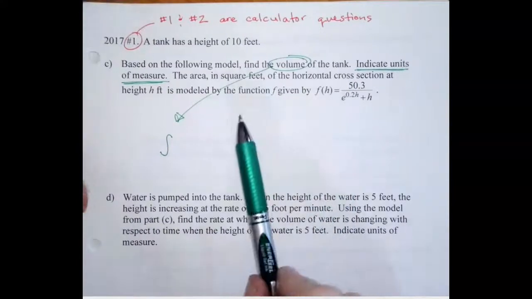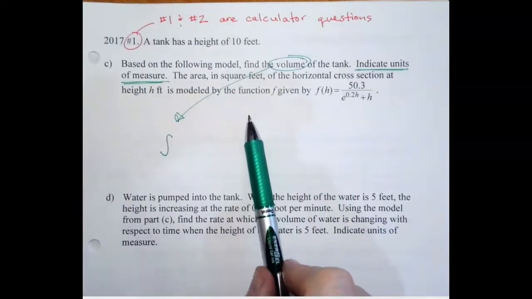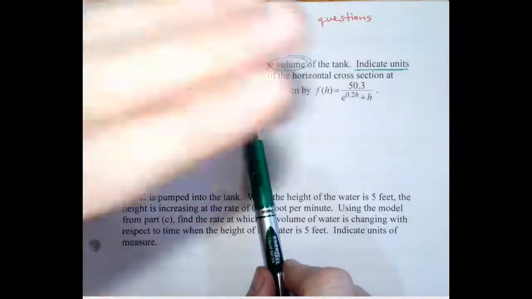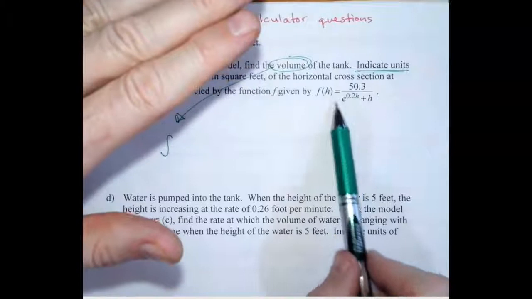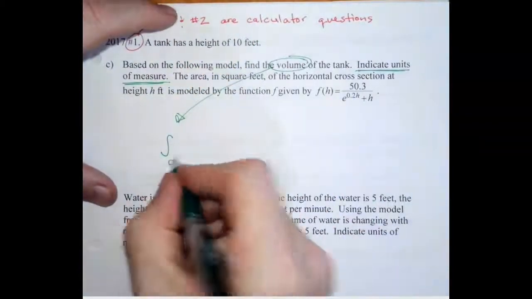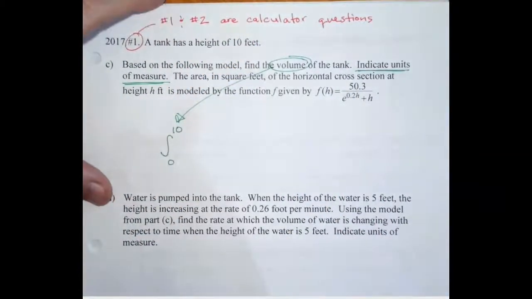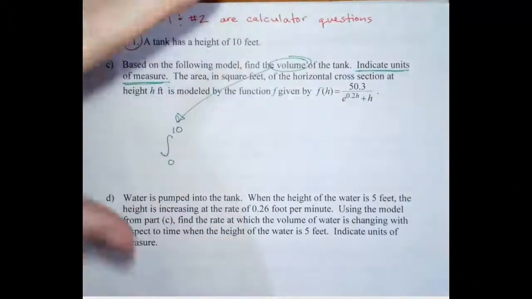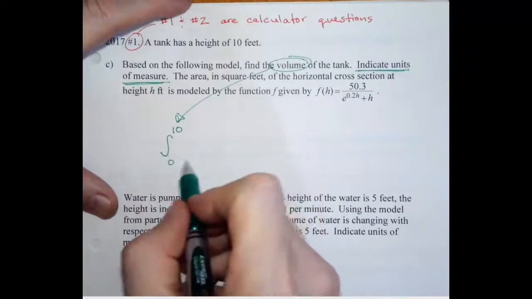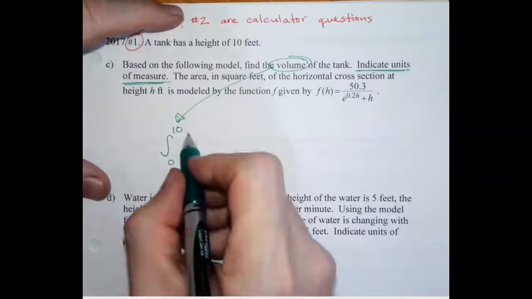Okay, so the horizontal, so going across, the height is 10. The cross-sectional area is given by this. So we're going from 0 to 10. Horizontal height 10 feet, so 0 to 10. And then remember, what goes in here? The cross-sectional area.